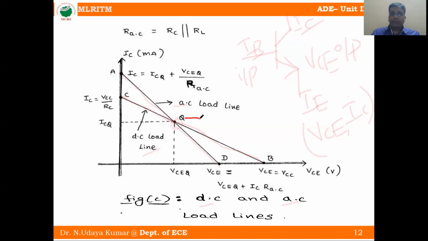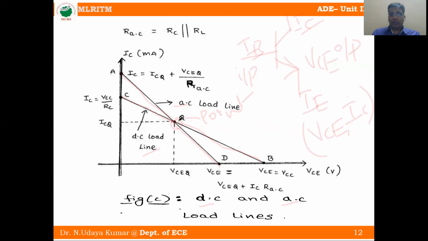What do we mean by Q? Q means Q point, or operating point, or quiescent point. This Q point is always, or preferably, taken at the middle of the active region only. The intersection of the AC load line and DC load line, that point we call the Q point or quiescent point.